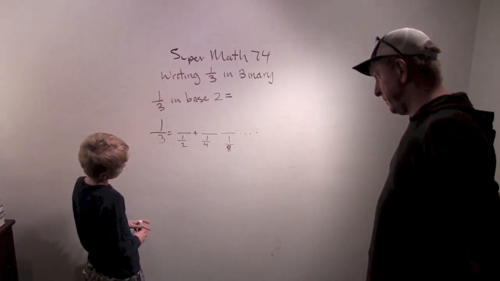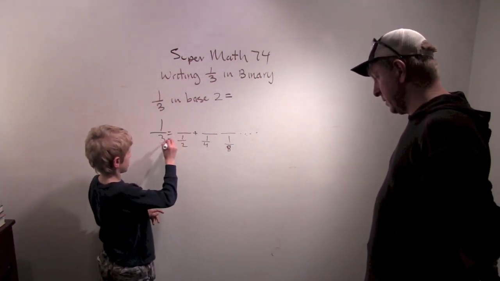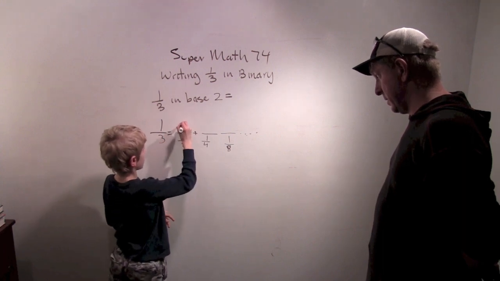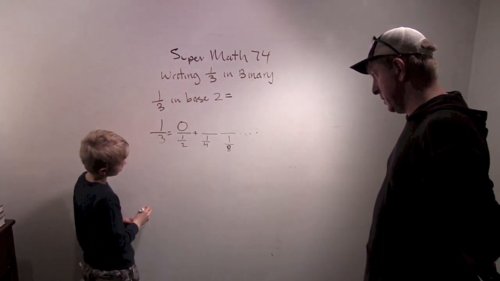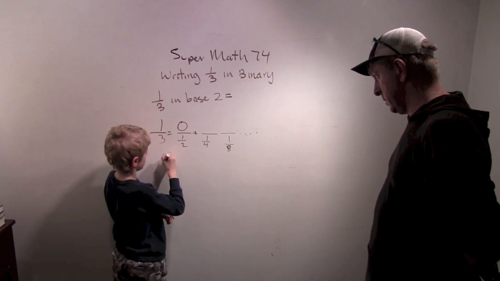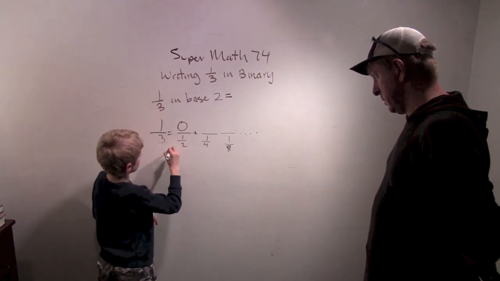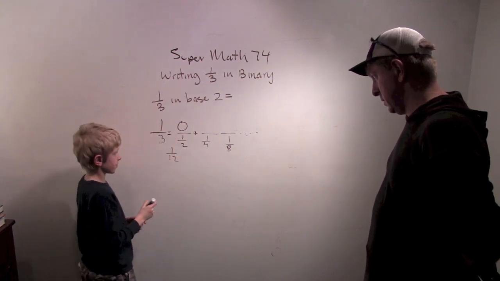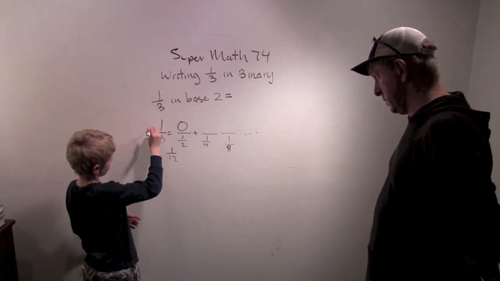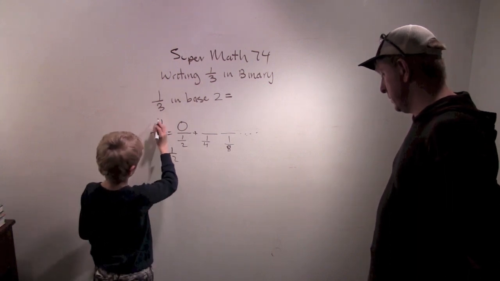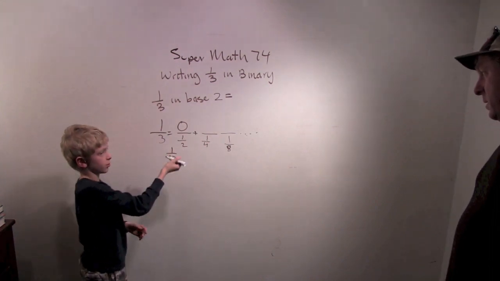Well, you don't use any halves because 1/3 is less than a half. So 0 halves, then you can use a fourth, and the result is 1/12 left, since 4 twelfths minus 3 twelfths is 1/12.